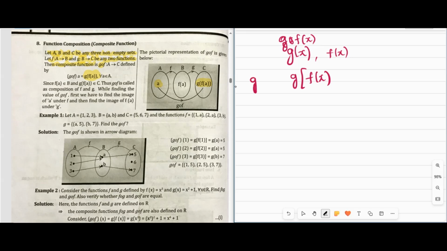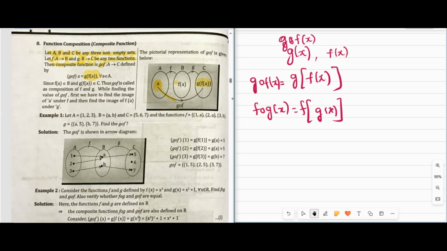So gof of x can be written as g of f of x. Then we have another one called fog of x, that will be f of g of x. So these are the two composite functions. There is a function from A to B and from B to C, and A connected to C is called gof.